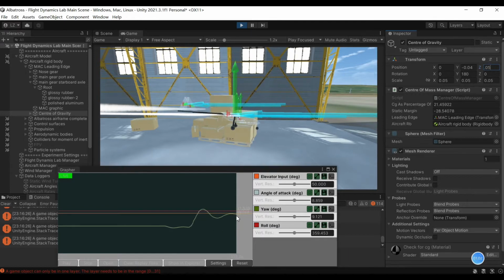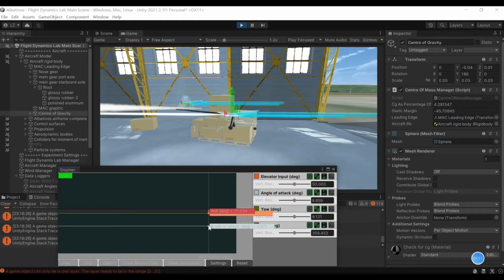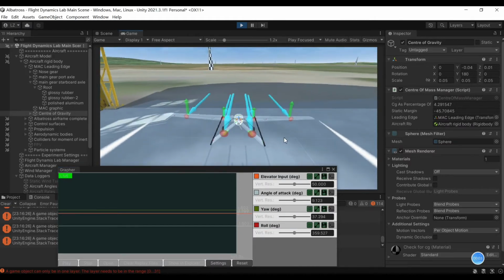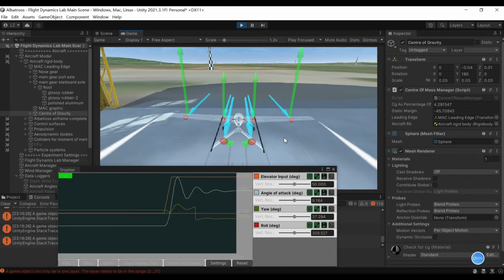Here we can see that the angle of attack increases as we adjust the CG position. By the way, here the angle of attack is blocked by the yaw, so we disable it, then we can see the angle of attack line. Now we can play with the aircraft as we adjust the elevator, which gives a nose up pitching moment.